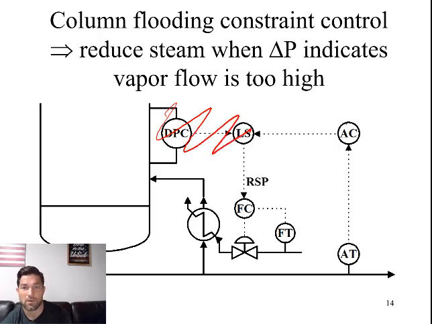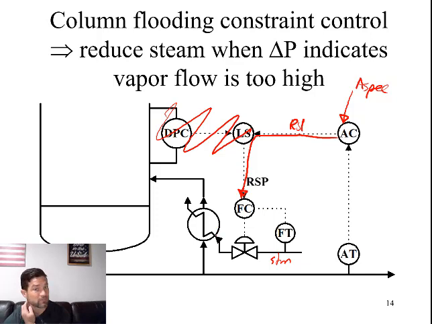And so we have a distillation column. In the distillation column, we want to keep the product at a specified value. So we have a set point of the composition, measure the composition. This composition controller is going to set a remote set point for the flow of steam.